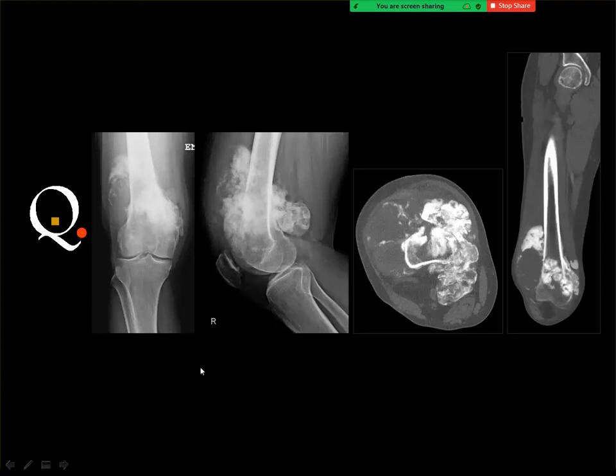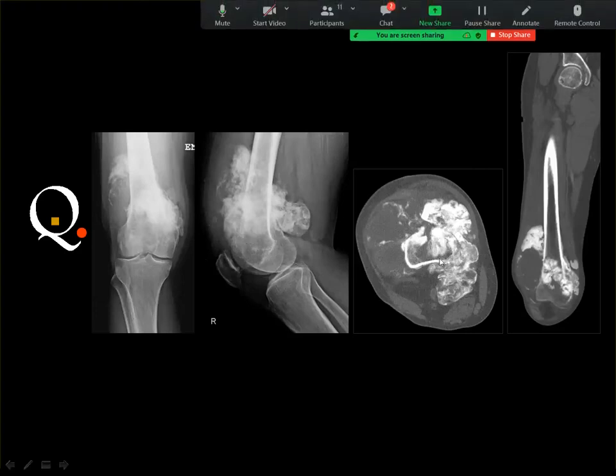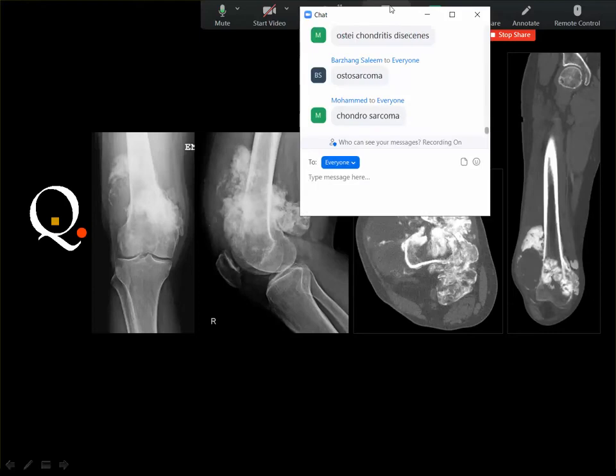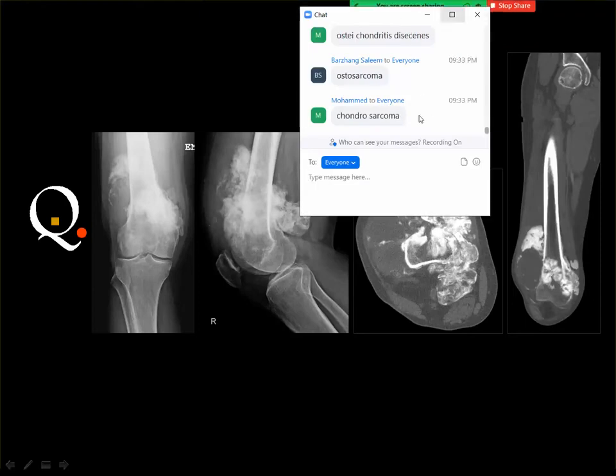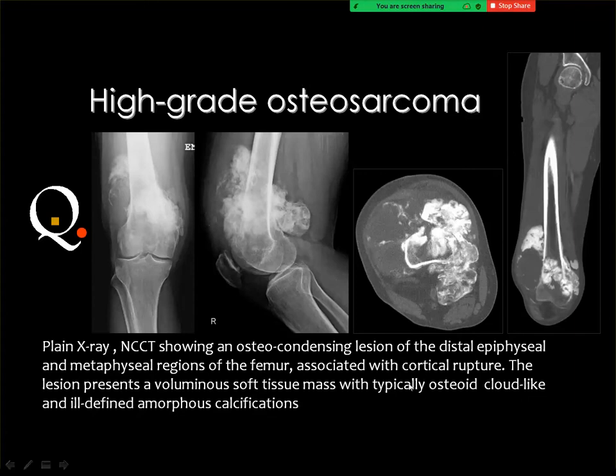Next case, you got an X-ray of the knee with a big calcified mass, and you see it also in the CT scan. Yes, chondrosarcoma is a good possibility. Osteosarcoma is also a good possibility, and the right answer was high-grade osteosarcoma.